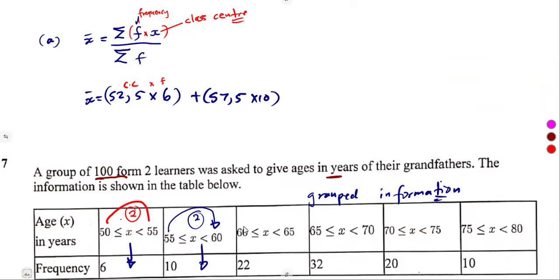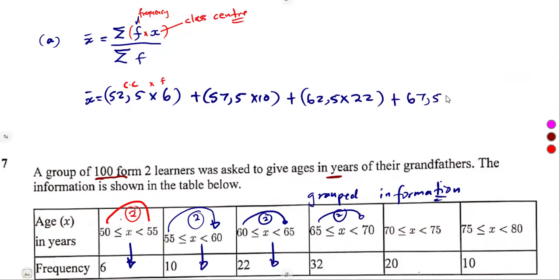You do the same thing from 60 to 65, add those 2, divide by 2. That gives us 62,5. You multiply by the corresponding frequency, which is 22. Then from 65 to 70, you add and divide by 2. That gives us 67.5, times the corresponding frequency of 32.